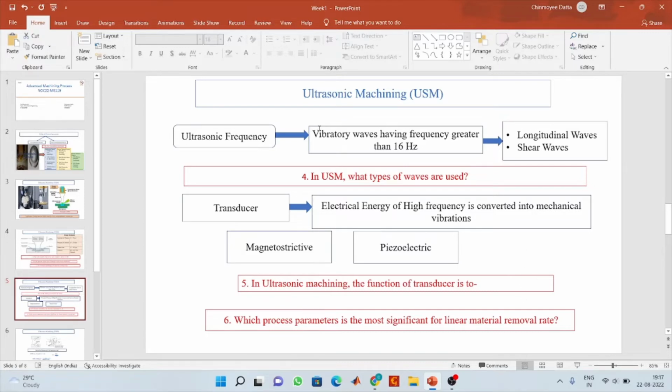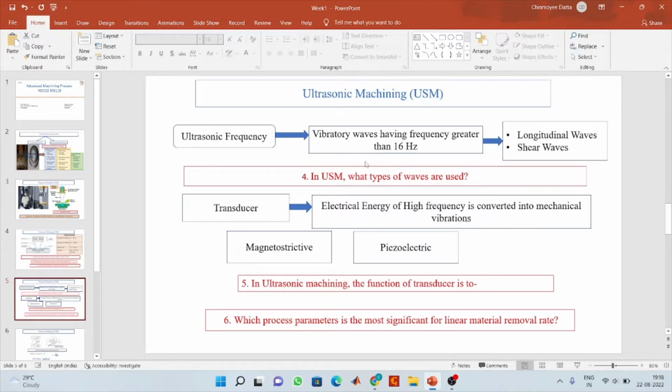So coming to vibration, vibratory waves and ultrasonic frequency. We call it ultrasonic frequency when vibratory waves have a frequency greater than the upper frequency limit of the human ear, that is equal to or greater than 16 kHz. The types of waves created due to ultrasonic frequency may be longitudinal waves and shear waves, but shear waves are neglected in the ultrasonic machining process.